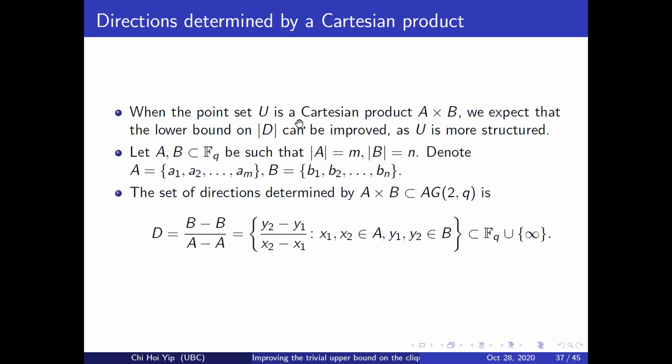The setting is that we consider two subsets of F_q, A and B. We call A = {A1, A2, up to AM}, and B = {B1, B2, up to BN}.